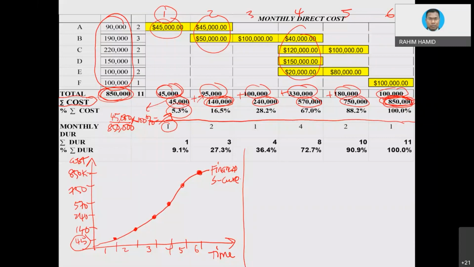And then second month or February. So February, what could be the activity going on? Portion of A and portion of B. So from that bar chart, a portion of A will take the whole 1 month, and portion of B also will take the whole 1 month. So when you add those up, it is equivalent to 2 months of duration of the work.